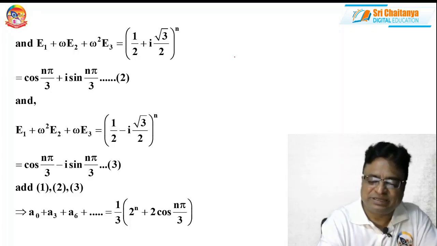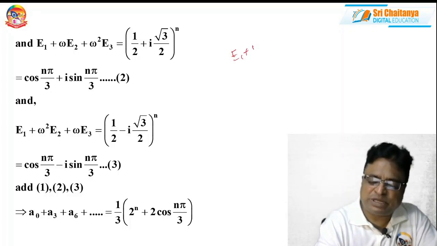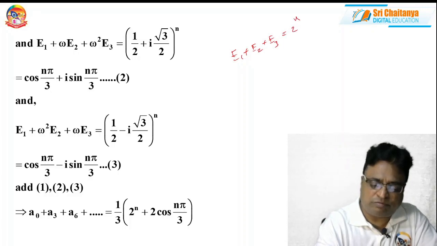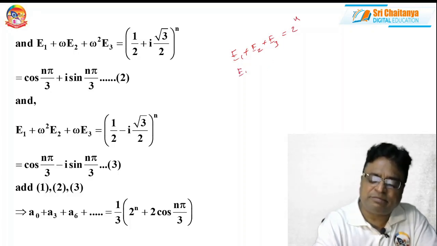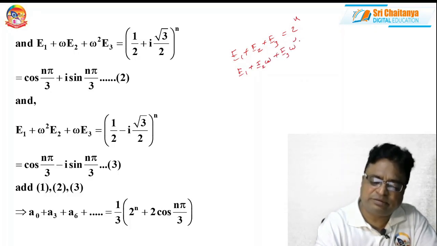Clear? Because E1 plus E2 plus E3 equal to 2 power n, you know. And E1 plus E2 omega plus E3 omega square, that you know, that is cos n pi by 3 plus i sin n pi by 3.